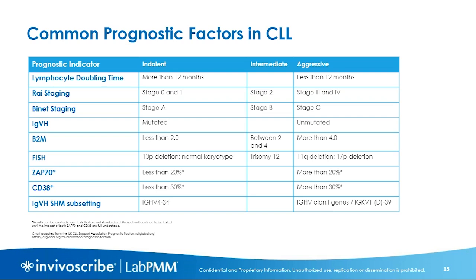In my experience, ZAP70 is something that was previously used but has since been replaced. The evolution has instead, after CD38, we have also begun to incorporate a newer marker called CD49D in addition to CD38 for flow cytometric prognostic assessment.